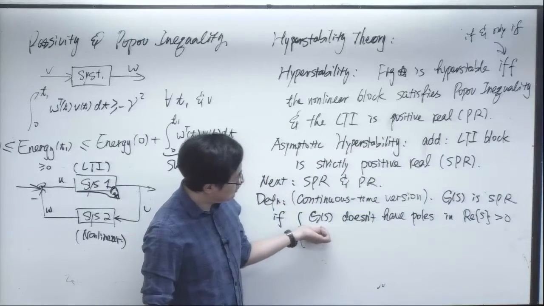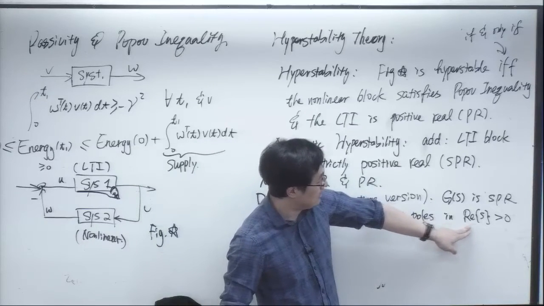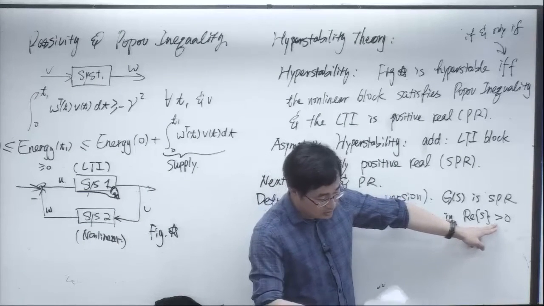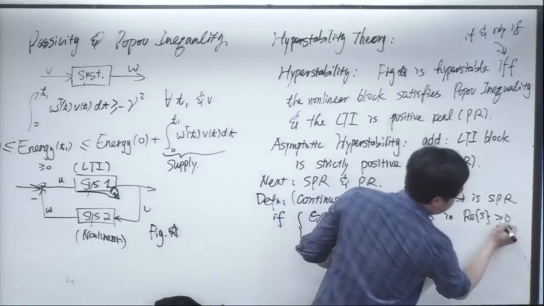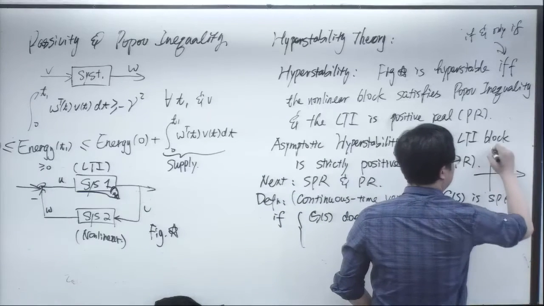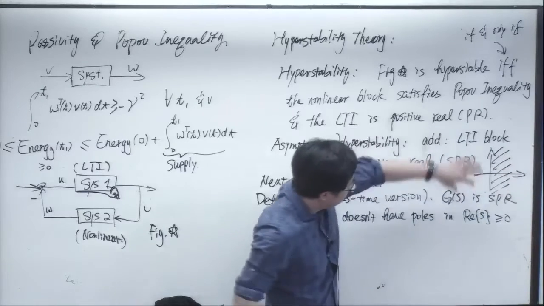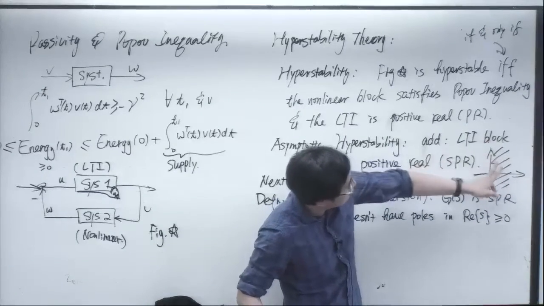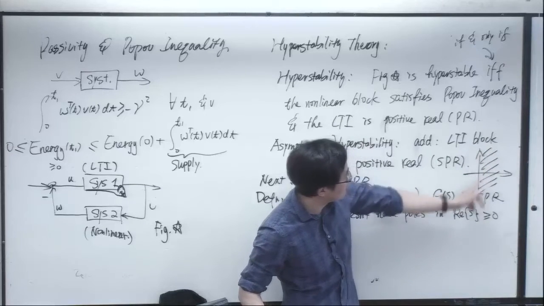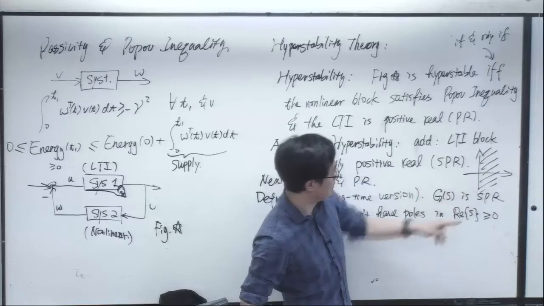The transfer function shouldn't have unstable poles in the right half plane. So the real part of s being positive is the right half plane. It's actually the closed right half plane. So the transfer function doesn't have any poles in this right half plane, and it doesn't have any poles on the imaginary axis. So it is strictly stable.